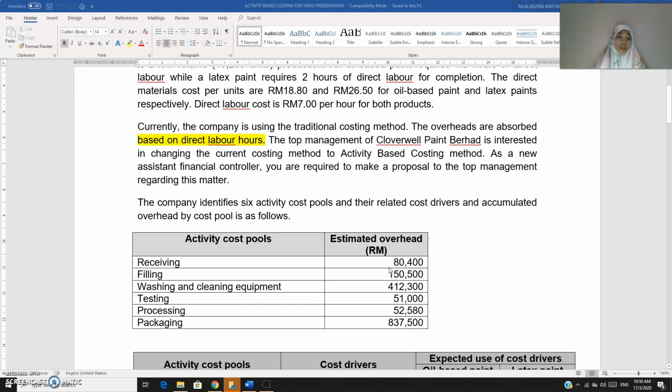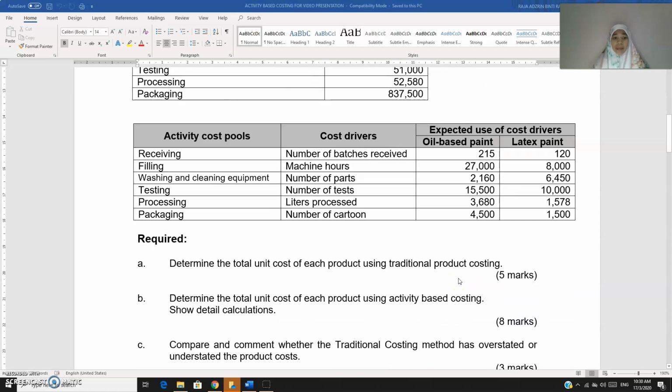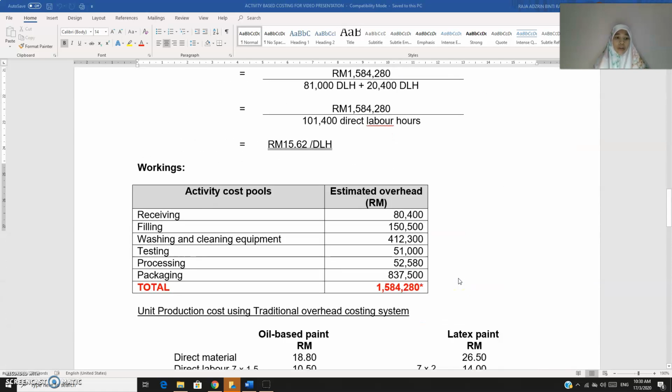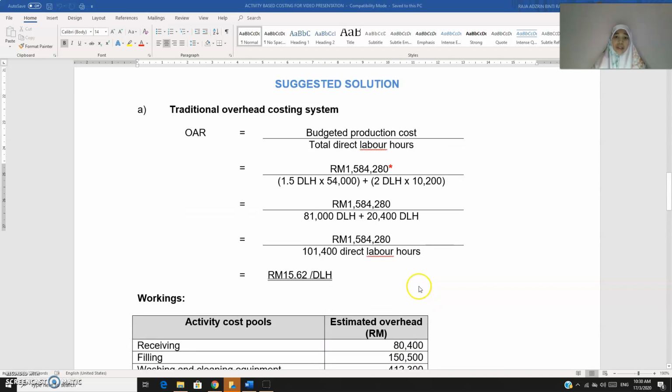And what about the total overhead? If you are using the activity-based or the traditional method, total overhead remains the same. So you just total up all these 6 activity costs, all based on estimated overhead, and that will give you a total overhead of 1,584,280. So this is your total overhead divided by your total direct labor hours.